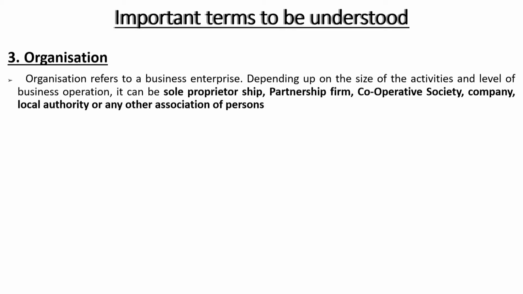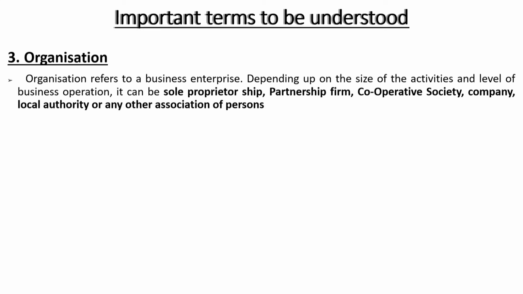Depending upon the size of the activities and level of business operations, business organizations are classified into sole proprietorships, partnership firms, cooperative societies, company, local authority, or any other association of persons.